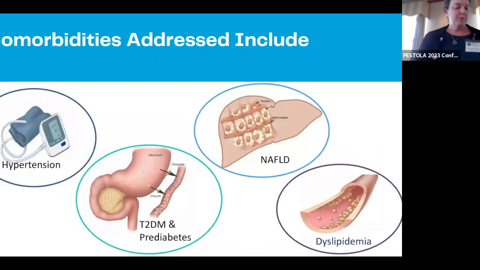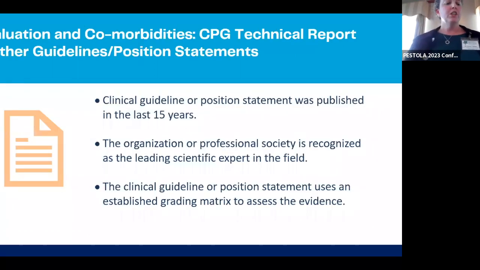The key action statements in the comorbidity section are limited to the comorbidities that were addressed in the technical reports. Those included type 2 diabetes and prediabetes, dyslipidemia, non-alcoholic fatty liver disease, and hypertension. So this slide describes the evidence to support the specific recommendations related to comorbidity assessment, because we had to go beyond the technical reports.